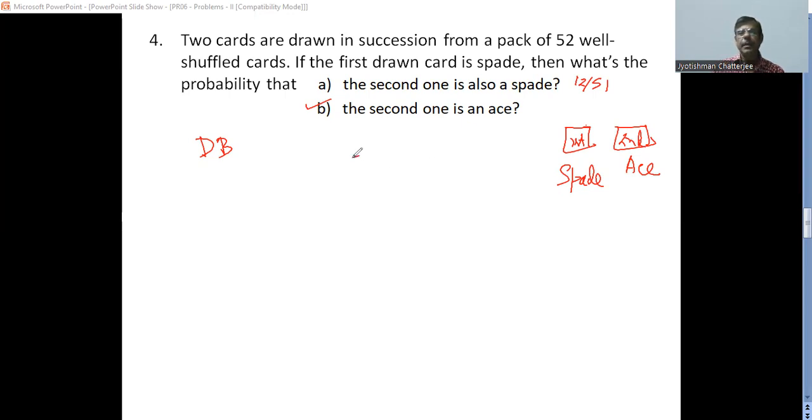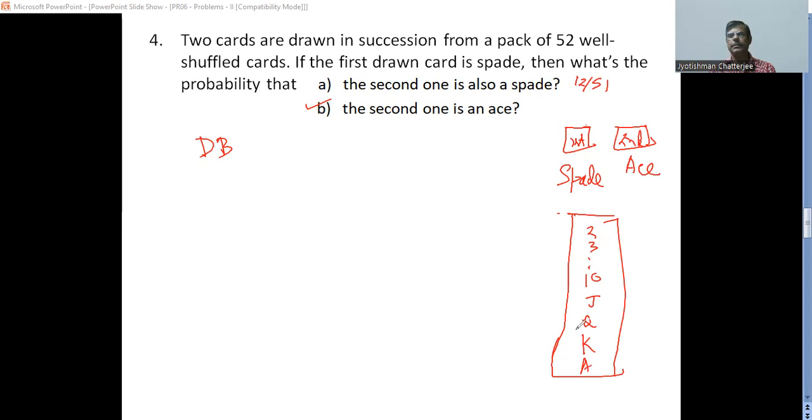Now, spade has got these cards: two, three, up to 10, then Jack, Queen, King, and Ace.